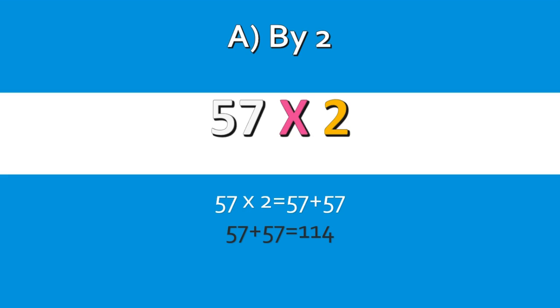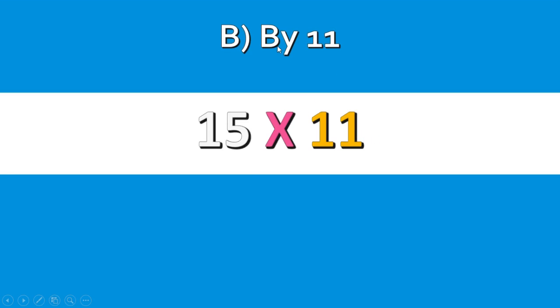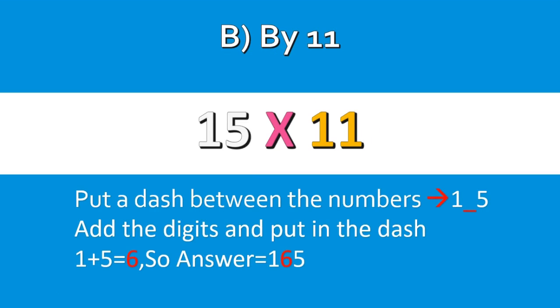So now the next topic is by 11. To do this you have to put a dash between the digits of the number. Maybe it is a 2-digit number, put it between the ones and tens. If it is a 4-digit number, put it next to the hundreds place.